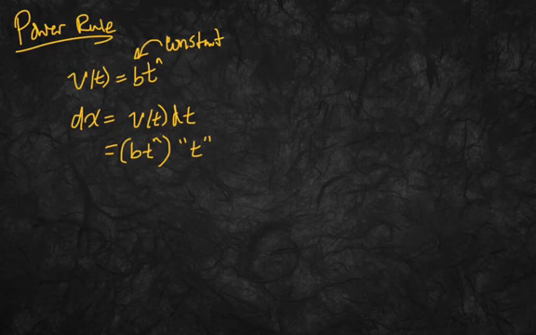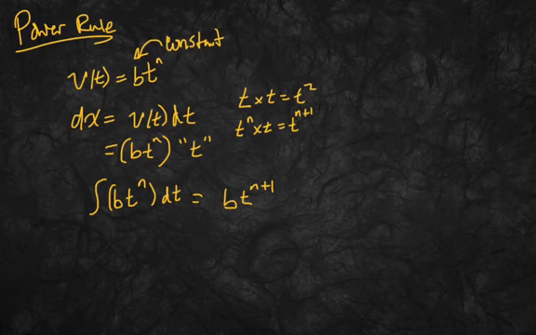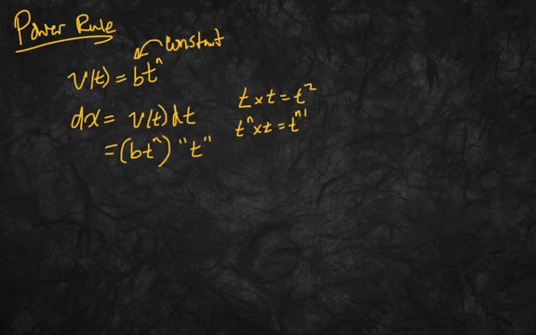So whatever this is, we're multiplying it by a time. When we multiply t times t, we get t squared. If we multiply t to the n times t, we get t to the n plus 1.